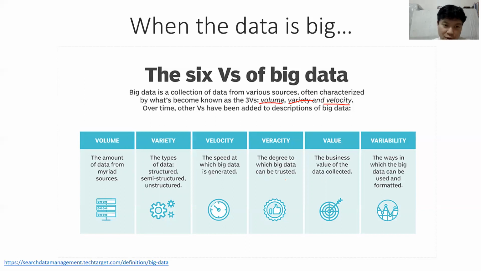If you cannot handle the variability, then you cannot do your analysis. So these 6 V are the consideration when you are learning the data structure. If you have those 6 V, you need to think what is the best data structure in order to apply your algorithm.